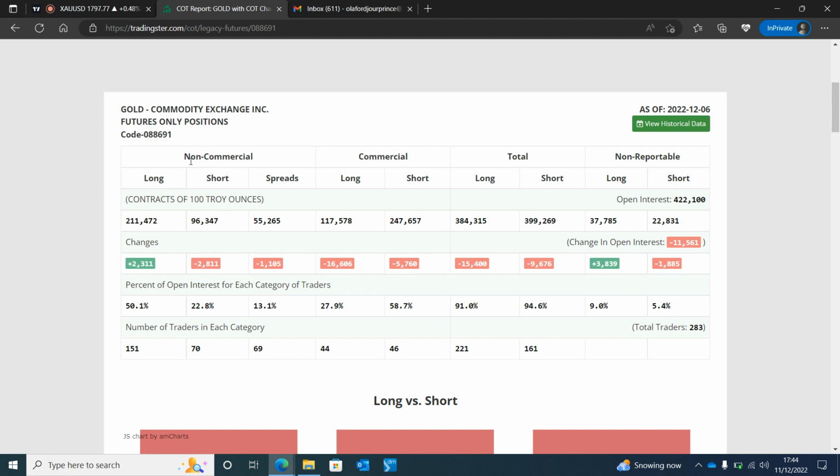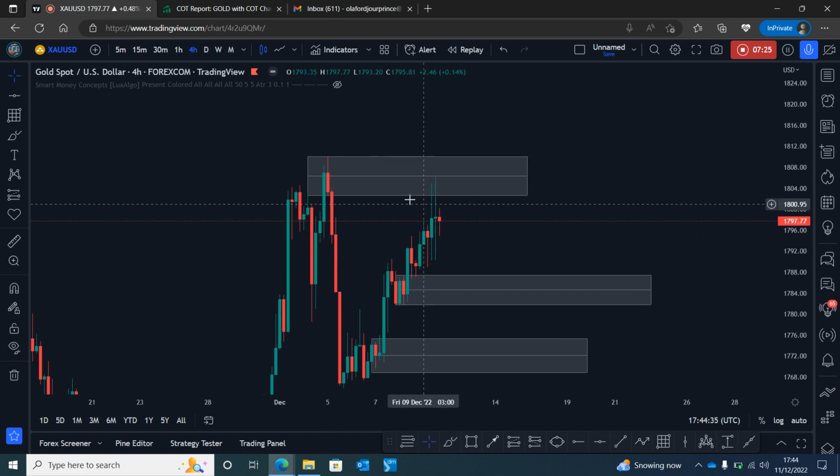The reason why we always look at non-commercials is because these are the guys that are really taking positions to actually make profit, make money in the market. So obviously they make sure that they take positions that don't go against them or hurt their pockets. In other words, as we can see, there have been more long positions added for gold and shorts being closed. That's a good way to see that we are still in a bullish market.